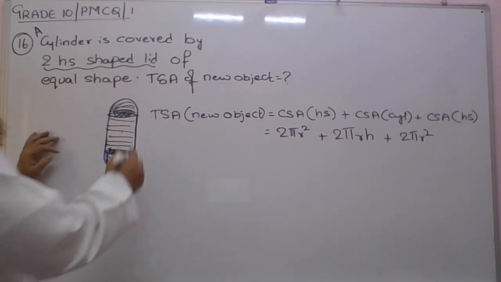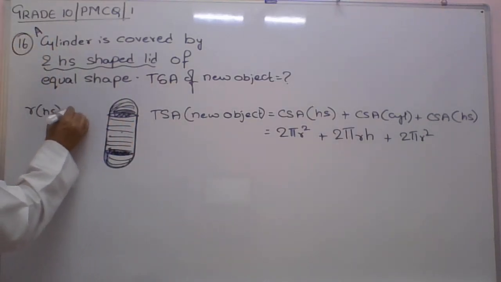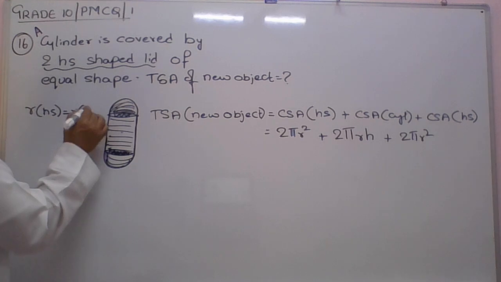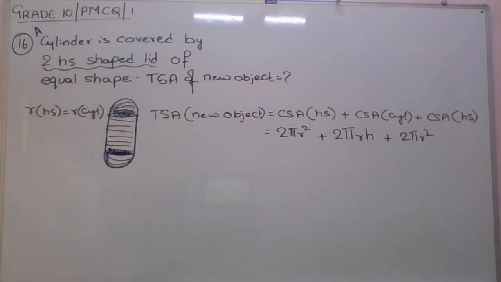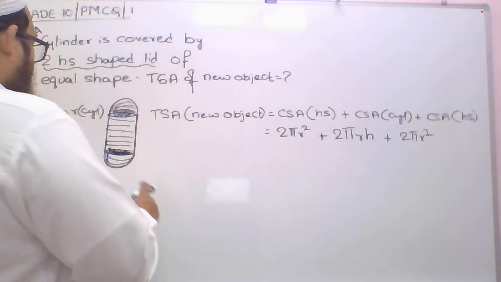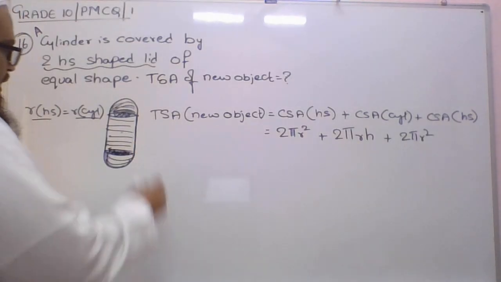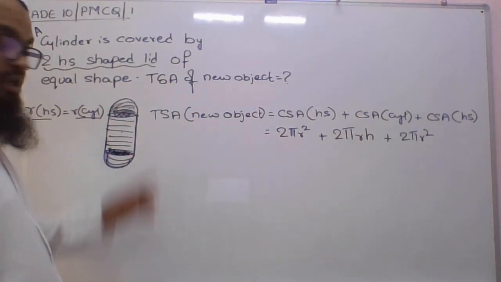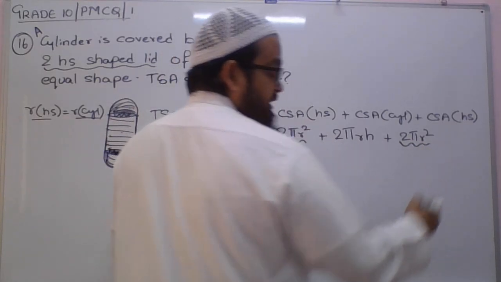That means the radius will be equal. Radius of hemisphere is equal to radius of cylinder. Is it right? So now, see, the radius of hemisphere is equal to radius of cylinder, right? And both the hemispheres are of the same equal shape. So that means, can I add 2 pi r square plus 2 pi r square?